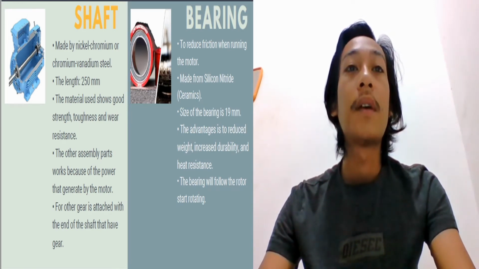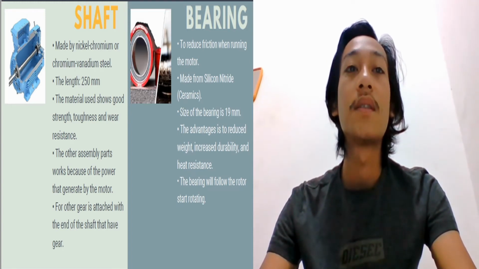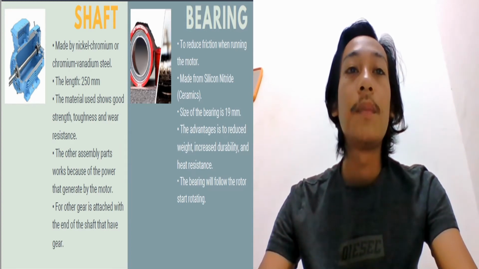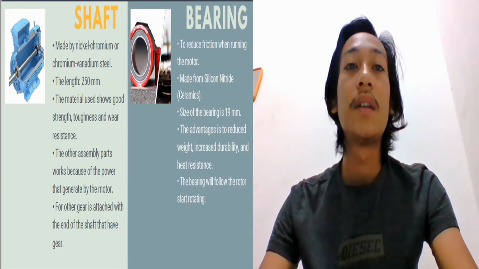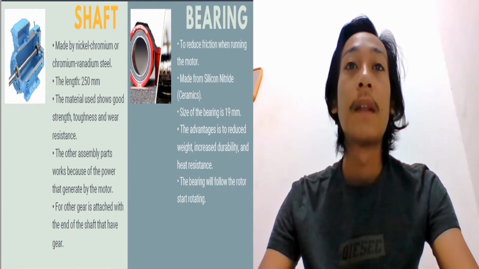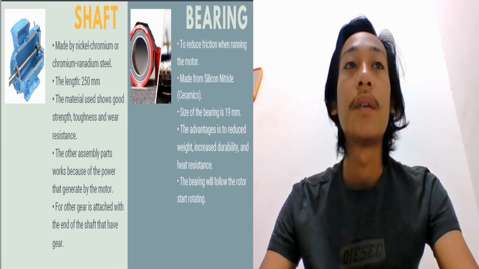So this shaft has good strength, toughness and is also wear resistant. The other assembly parts work because of the power generated by the motor. Another gear is attached to the end of the shaft. Then I will pass the next component to my group member.